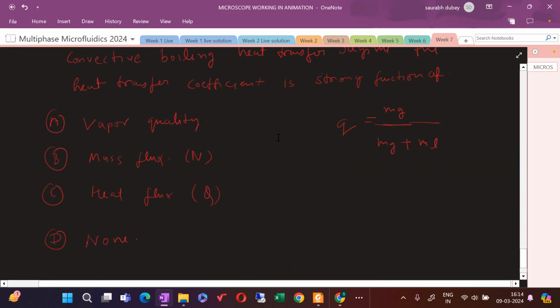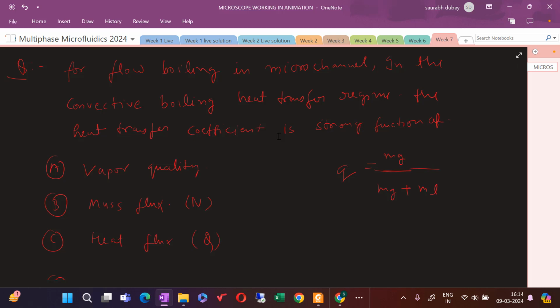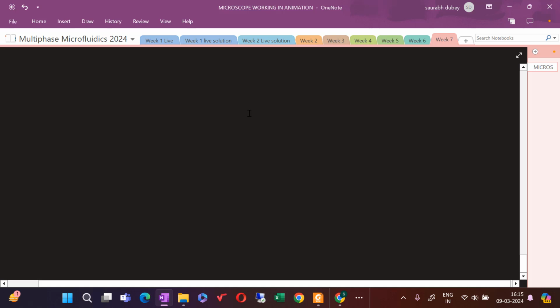So based on the above discussion, the answer to this will be B and C, which is mass flux and the heat flux, and this has been taught in the lecture. So you look at that, about the convective boiling heat transfer.